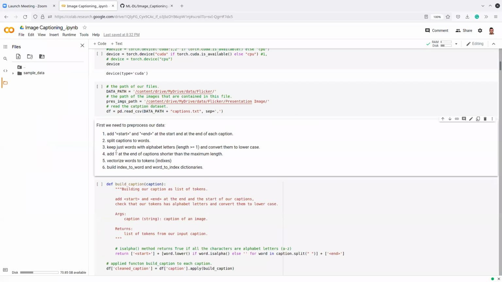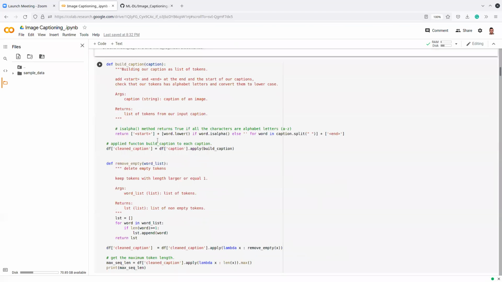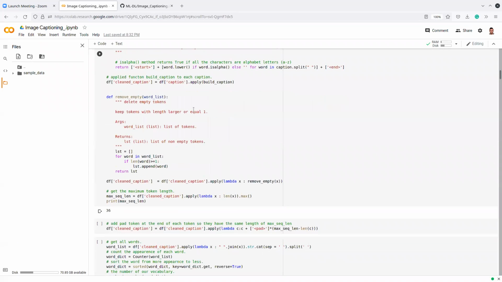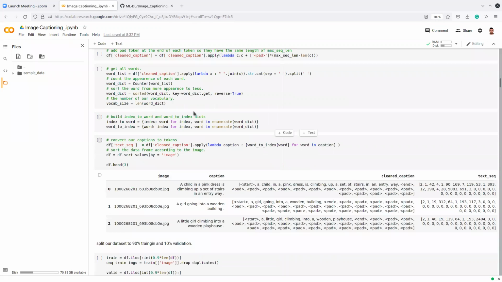Also, we add a padding token at the end of the captions, so we make our captions have the same length. We vectorize our words, and then we build index-to-word and word-to-index dictionaries. This is the process, and these are the functions that implemented this idea.